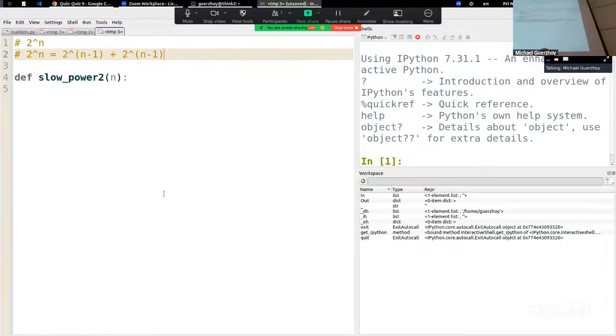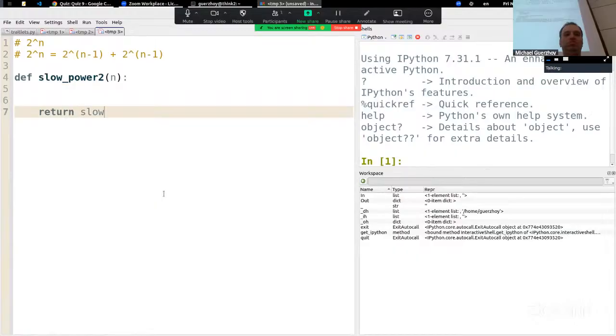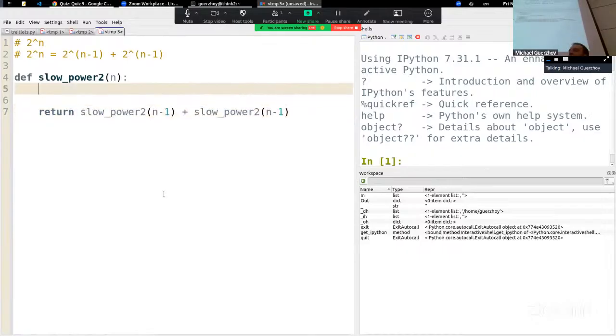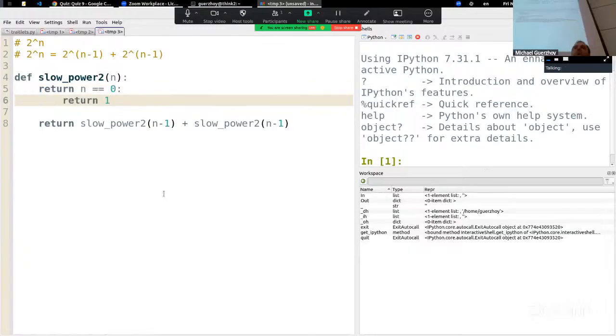Like that's true, right? So that means that I can just write it. And now we need a base case. Well, if n is equal to 0, then it's 1. Make sense? So it doesn't look super efficient, but it's mathematically true.